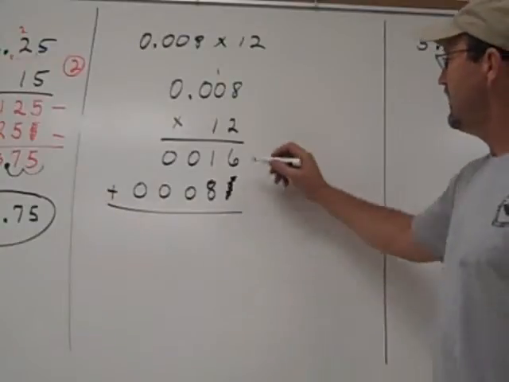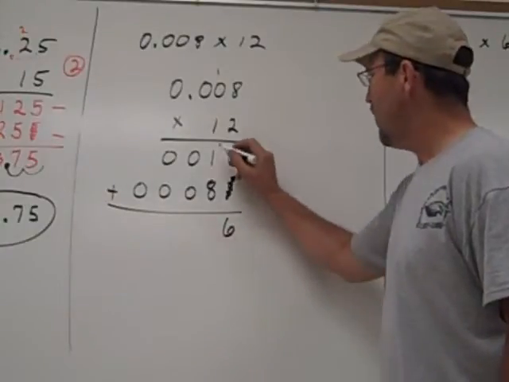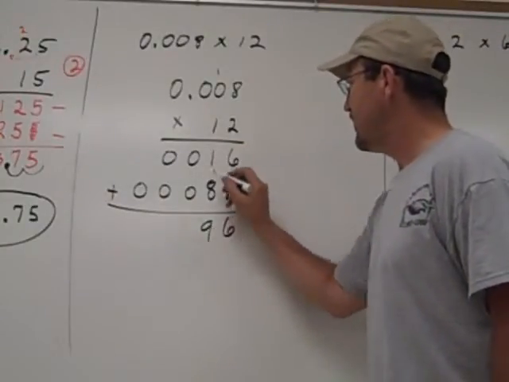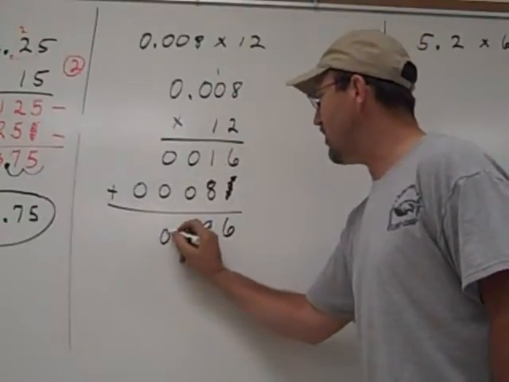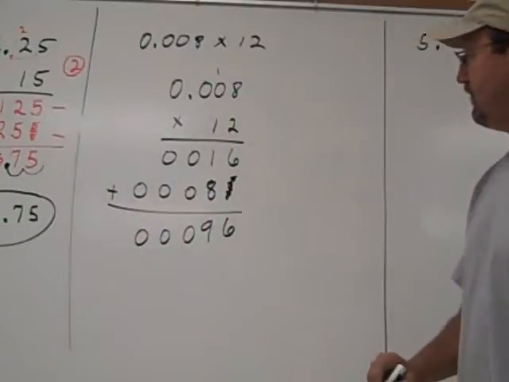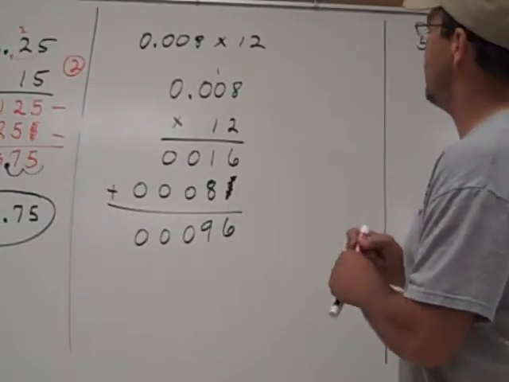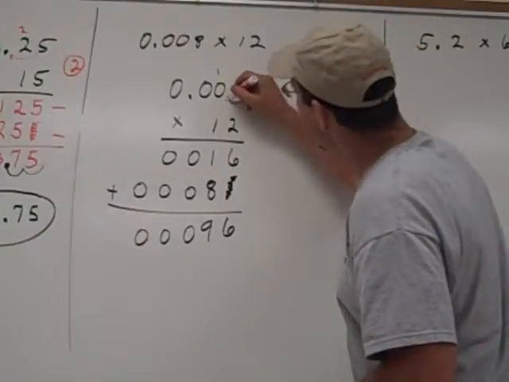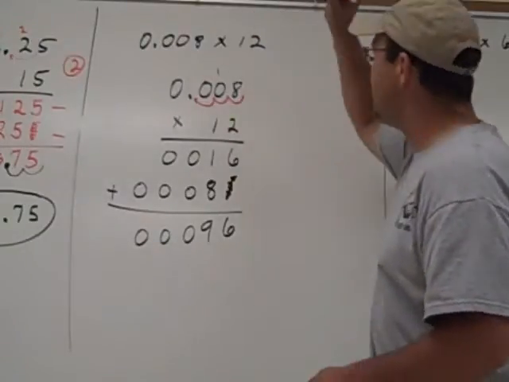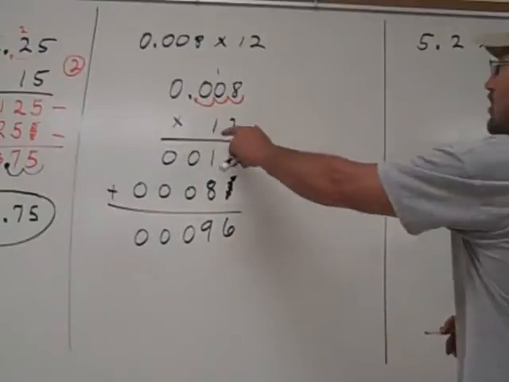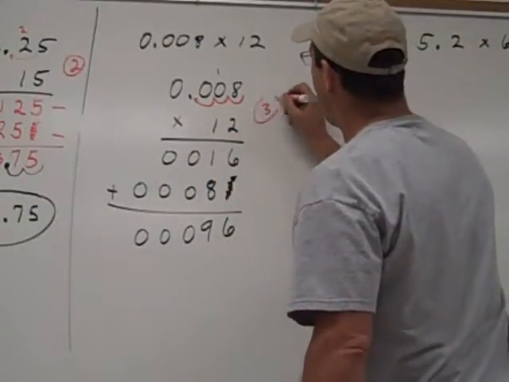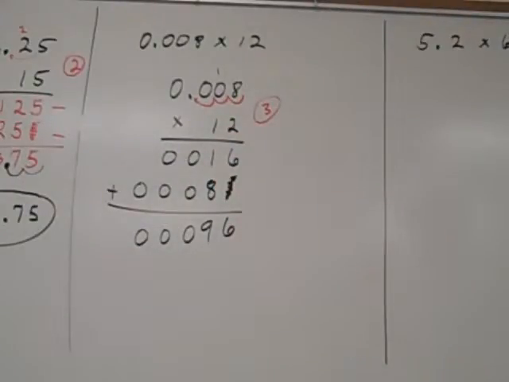Now let's add 6 and squiggly. 1 and 8. 0. 0. And 0. We have done our multiplication, step 1. Now step 2 says count all the decimal place values up in the problem. So we look up here and we see 1, 2, 3 place values to get to that decimal. No decimal here, so we're looking at 3 place values.